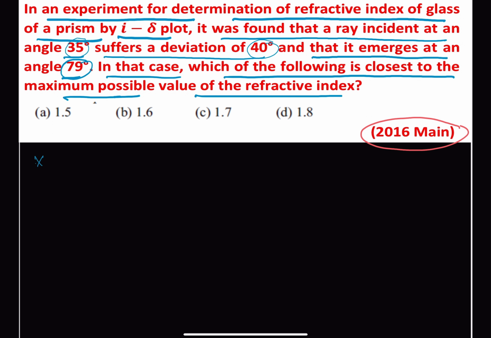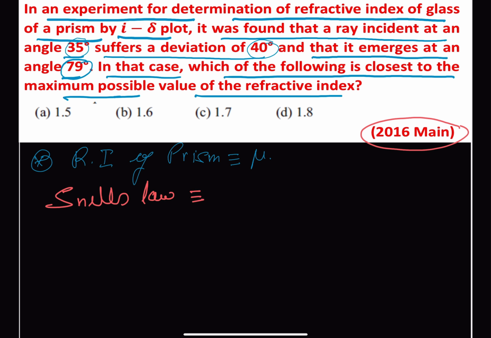If mu is the refractive index of the prism, then by Snell's law we can write that mu is equal to sine i upon sine r, and we know that i is equal to A plus delta m divided by 2 and r is equal to A by 2.